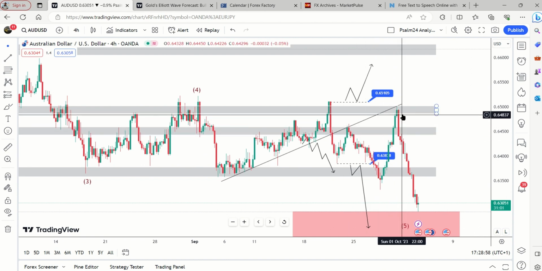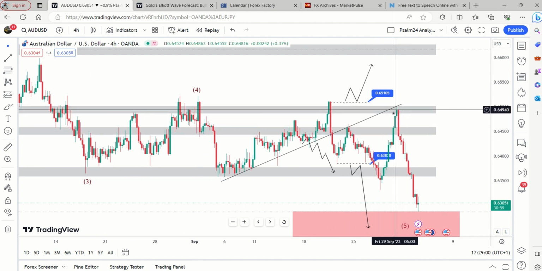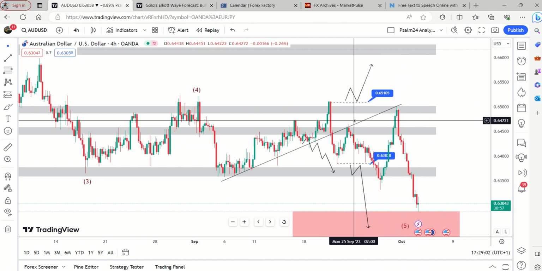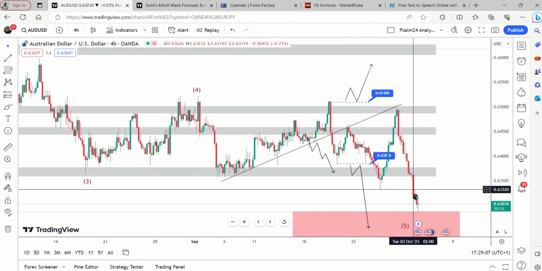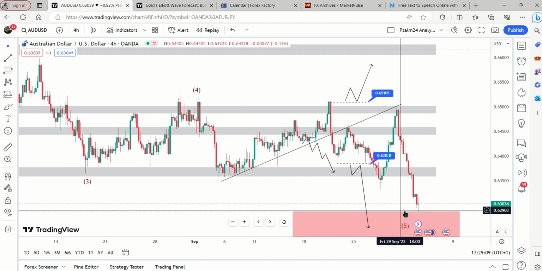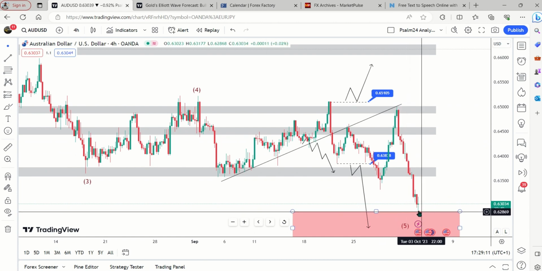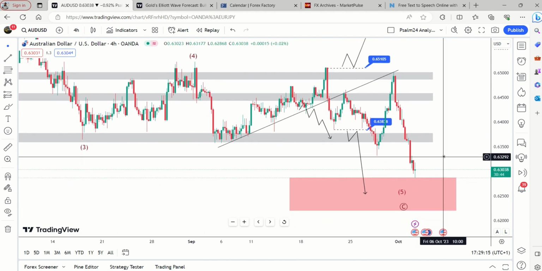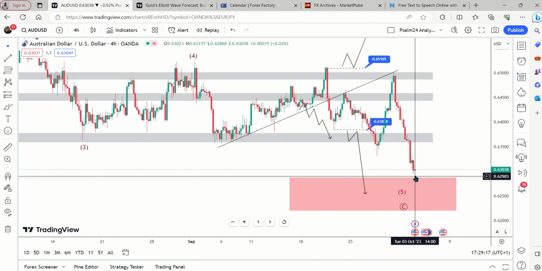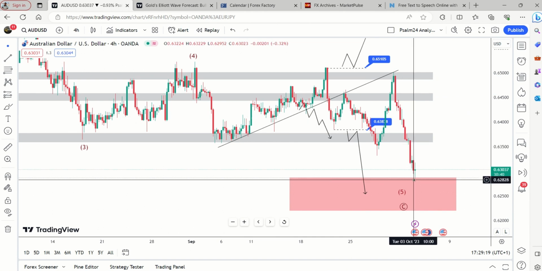The market went all the way up and was rejected off the trend line. We took this trade here and we targeted this zone. You would see that the market has actually come to our region, the target zone for this analysis.